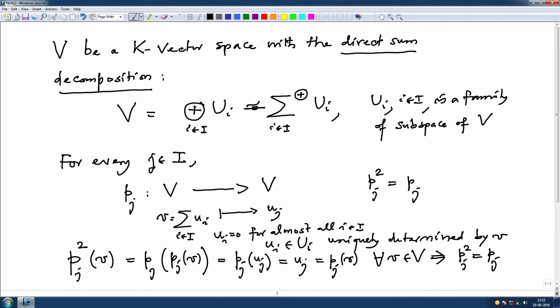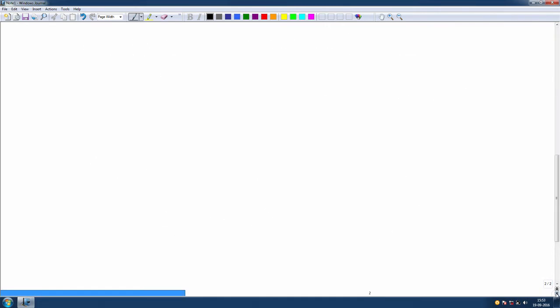Now, we also need to check what Pj is along. So, I need to find out what is the image of Pj. Pj will be onto that and it will be along the kernel. So, we need to find out what is the image of Pj and also what is the kernel of Pj.